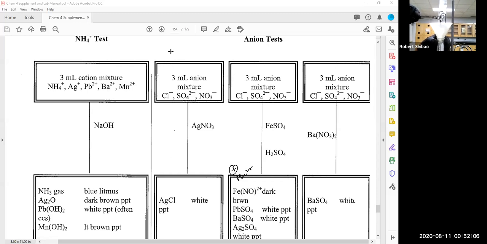So I'm going to tap out the precipitate. It's stuck on the side wall of the test tube. You probably can see it there. It's not coming out. Let me see if I can tap it a little bit harder. Oh, there it goes.